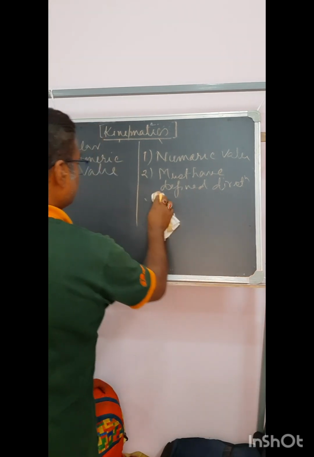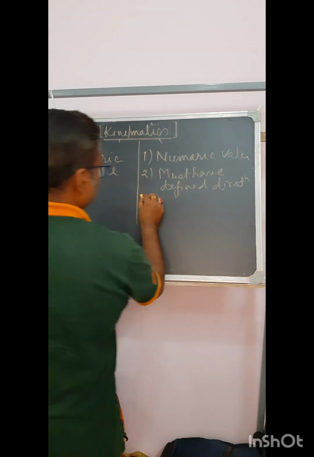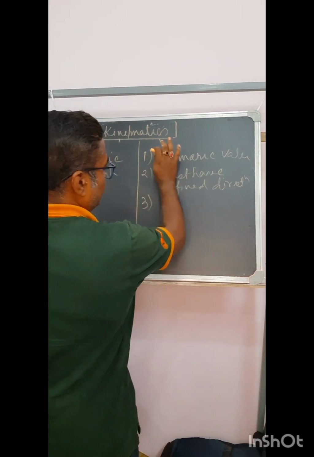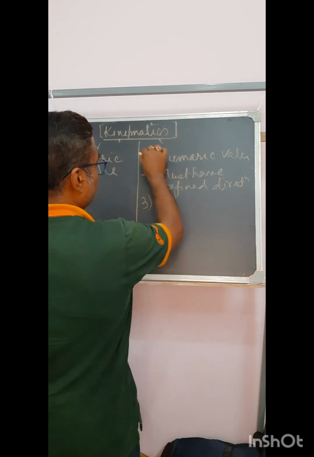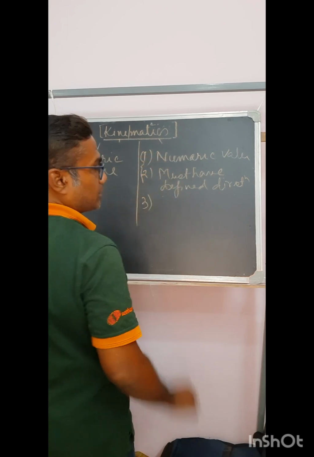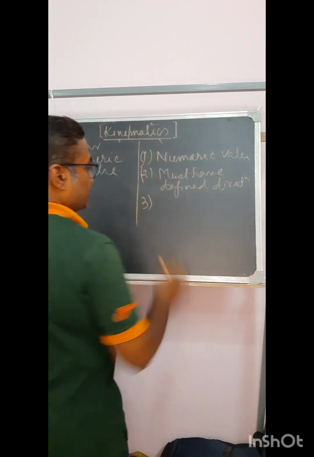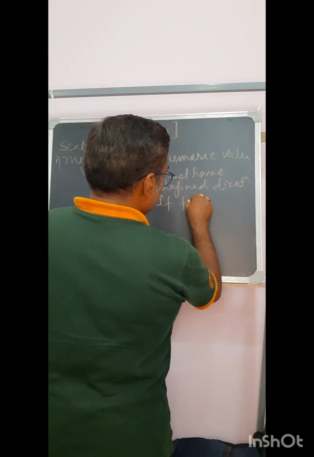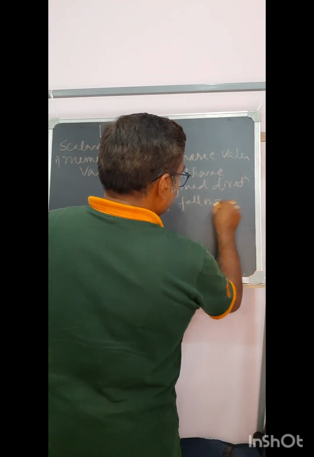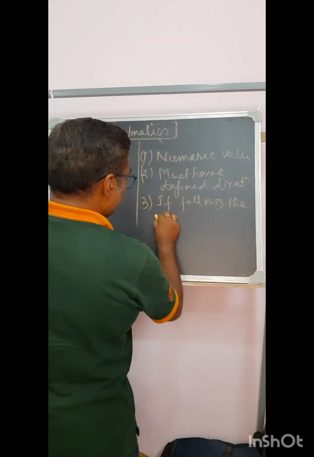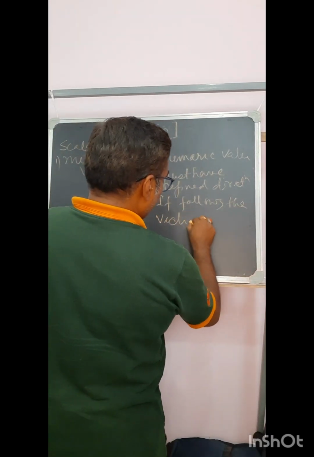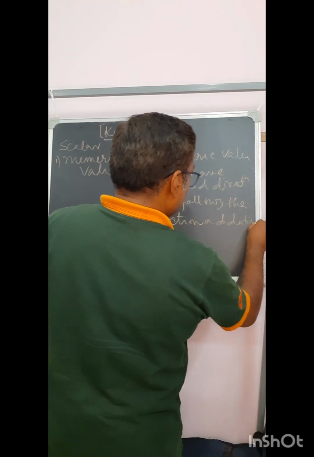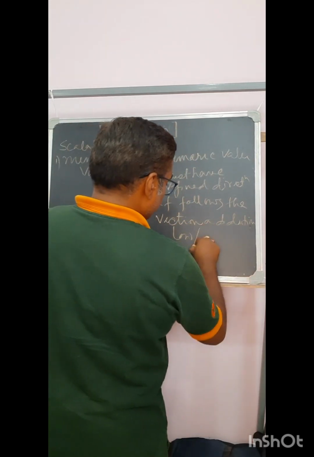So there it differs. And the third and fourth, the most important, is that a vector must be a vector. Even though it carries these two characteristics, we cannot say this is a vector unless and until it follows the vector addition rule, addition law or rule, you can say.